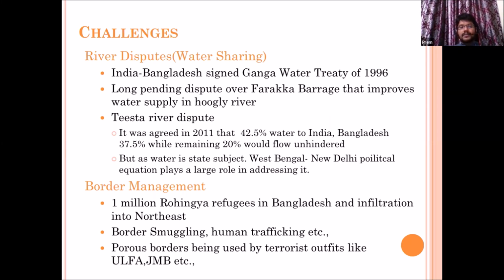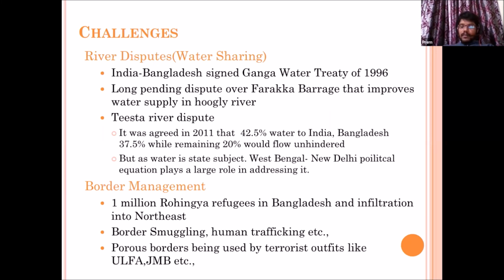Second thing, apart from the Bangladeshi immigrants, there is another issue, that is the Rohingyas. You all know in Myanmar there is a problem between Buddhist Myanmaris and Rohingyas. Because of that, Rohingyas fled as refugees from Myanmar and went to Bangladesh, and some of them tried to come to India as well.